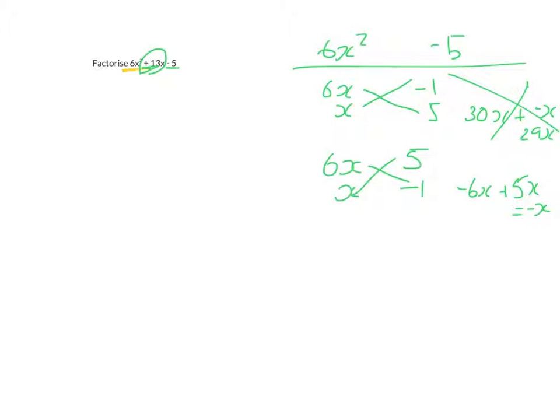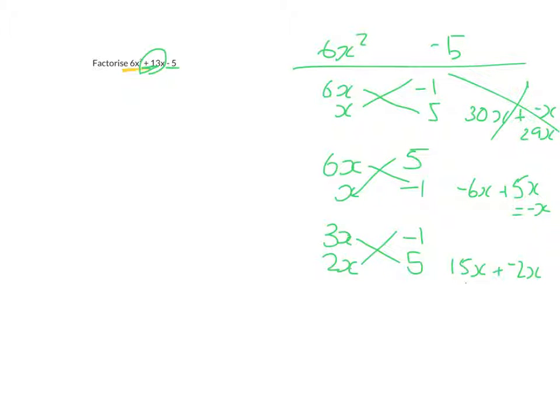So instead of doing 6x and x, we'll try 3x and 2x. So 3x times 2x gives us 6x squared. And once again, we'll try our negative 1 and 5 that we did at the top. So 3x times by 5 will give us 15x, plus negative 1 by 2x is negative 2x.